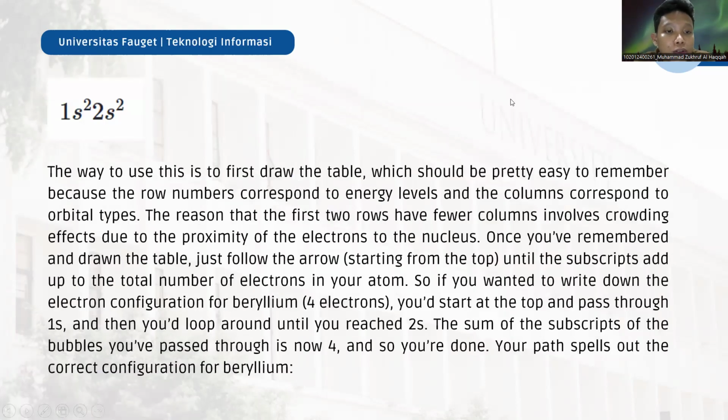The way to use this is to first draw the table, which should be pretty easy to remember because the rows correspond to energy levels and the columns correspond to orbital types. The reason that the first two rows have fewer columns involves crowding effects due to the proximity of the electrons to the nucleus.